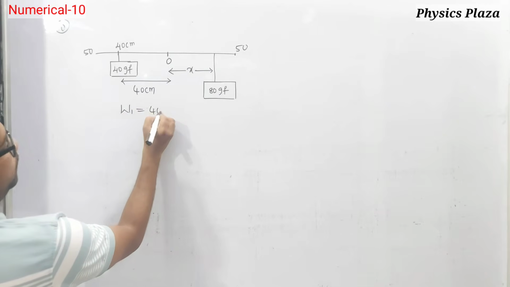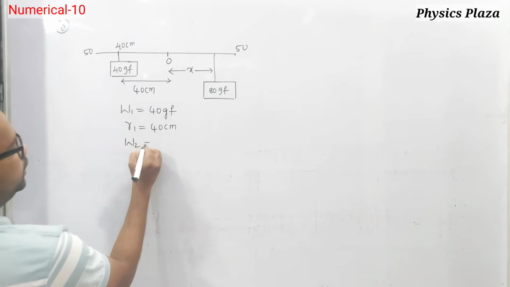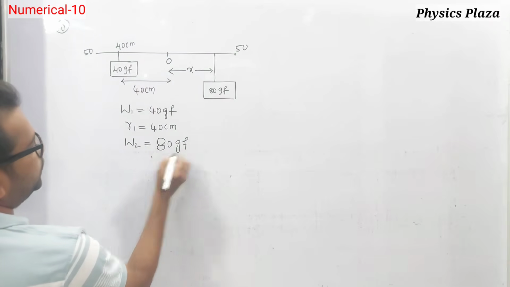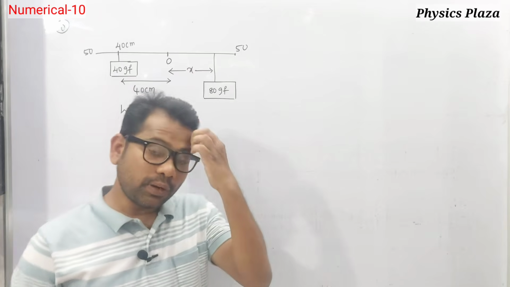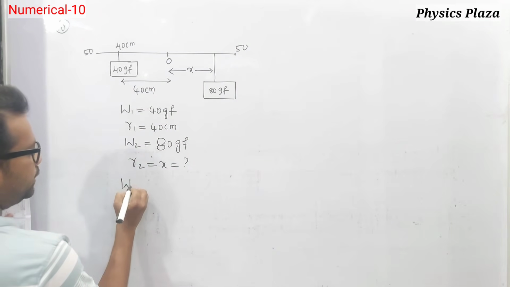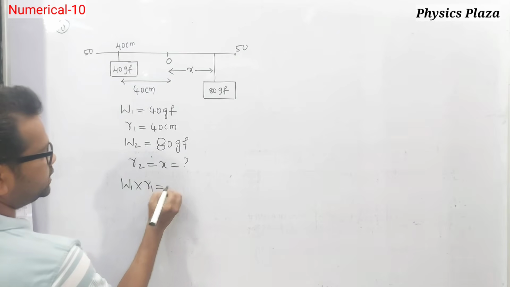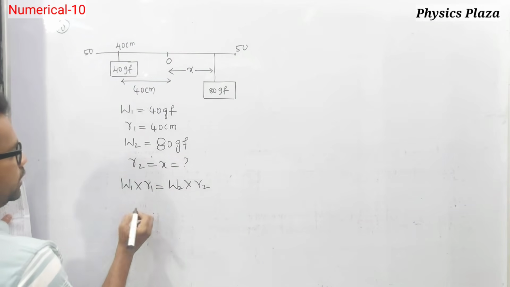Let us say W1 is equal to 40 gram force and R1 is equal to 40 centimeter. Now W2 is equal to 80 gram force. Now R2 is x, that is to be calculated. Now children, according to the principle of moments of weights, again it's the same concept, that is W1 into R1 is equal to W2 into R2. So let us substitute the values.